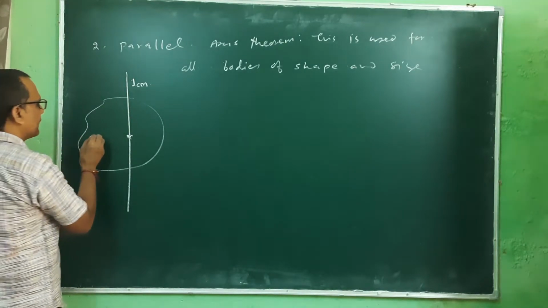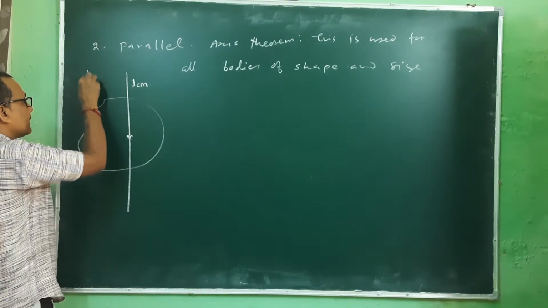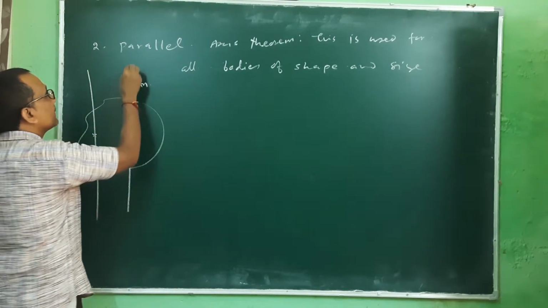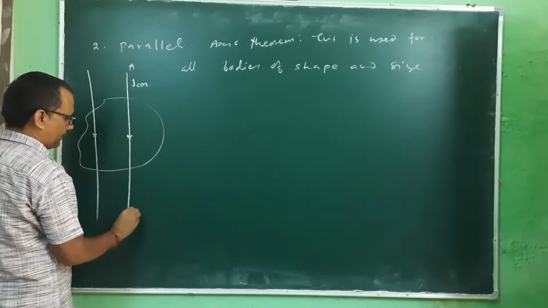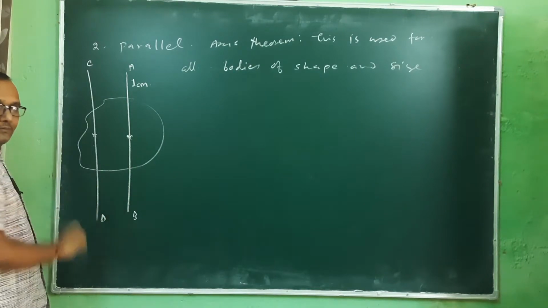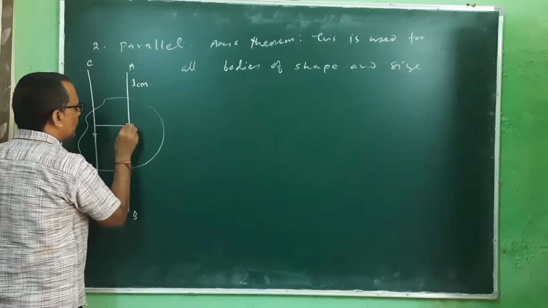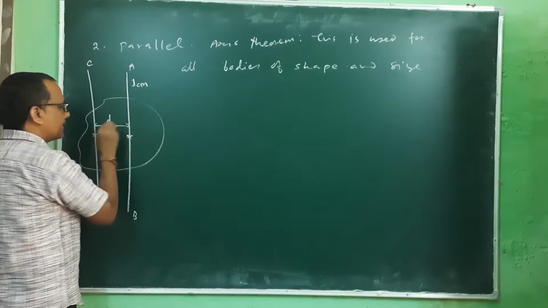And we have another axis parallel to this. Let's say this is AB and this is CD. Both are parallel, and the distance between these two, let's say, is d.